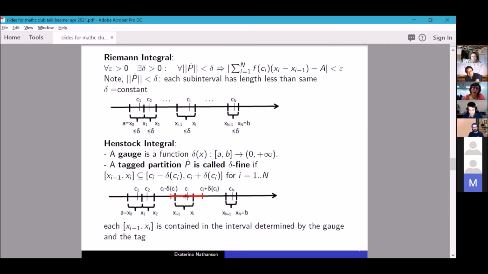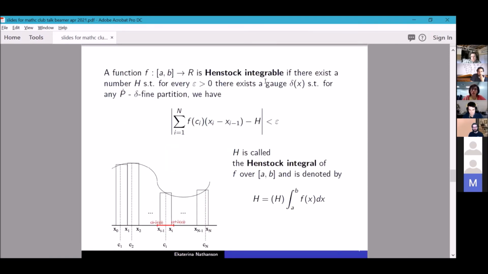So this is c_i minus delta and c_i plus delta, with the value of the gauge function at that point. That's true for each subinterval. If this is the case, the partition will be delta-fine, and that's what will be chosen in our definition.